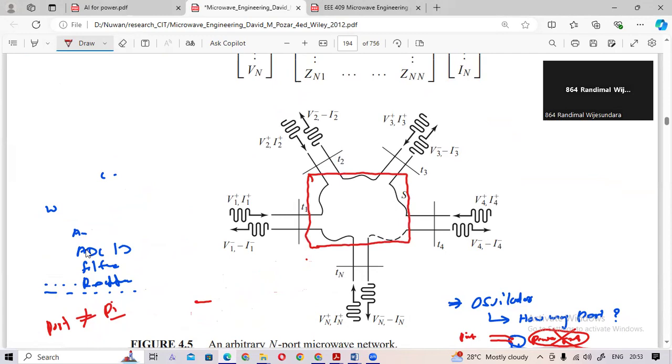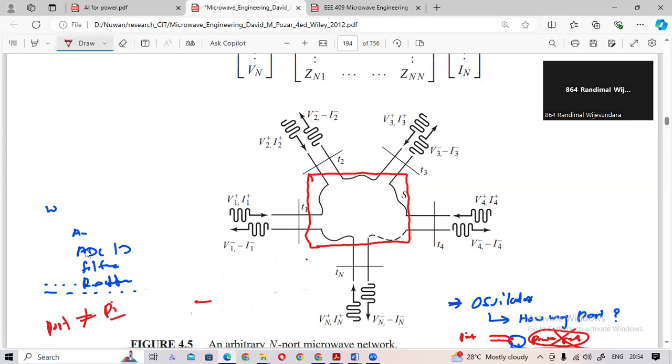So anything. For example, if you consider the rat race coupler, we will design a rat race coupler. There are several ports. The number of ports can be 2, 3, 4, 5, 6, 7, 8, 9, like this.